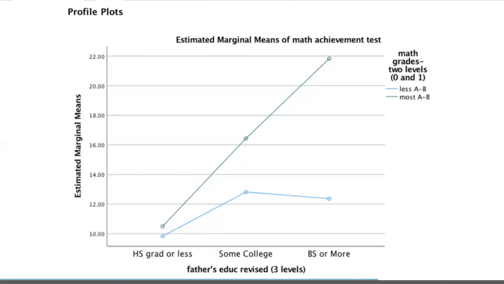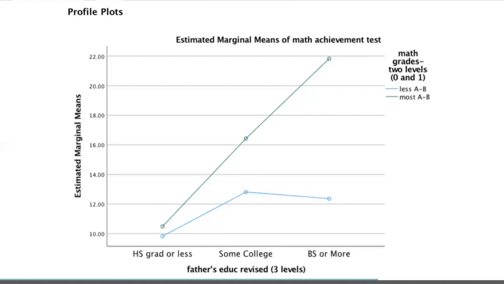So the interesting part about this is that if we look at the table, we see it's not all of those groupings that are statistically significant. For example, we have a really high 0.717, 0.742 for that first grouping. So that's if a father has low education, the lowest education scale, and the student is scoring less than A and B, it seems that there's not much of a statistical significance about their math achievement test.